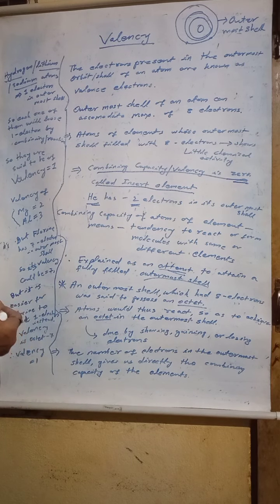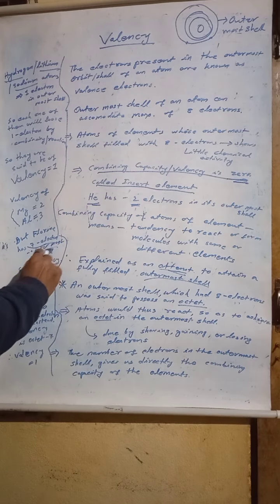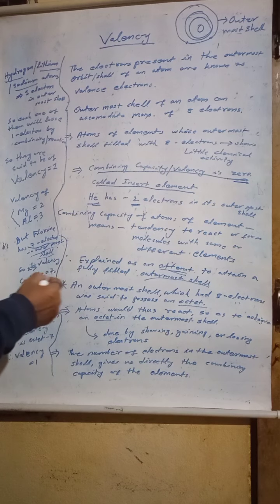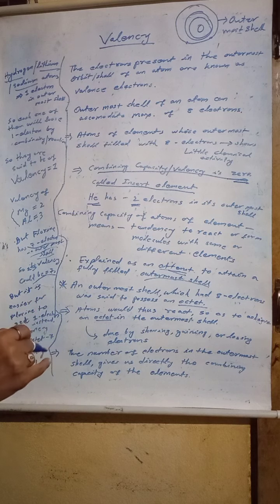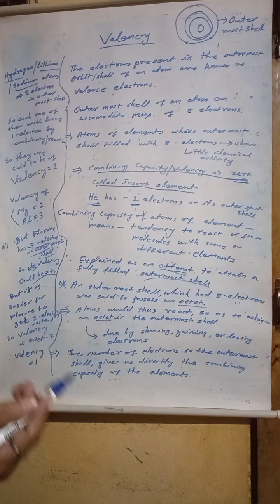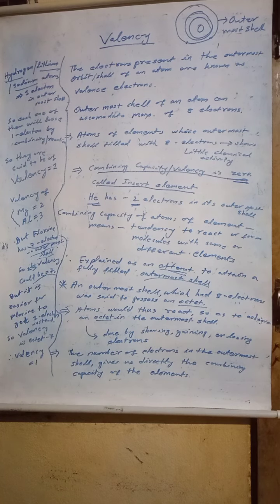Suppose fluorine has 7 electrons in its outermost shell. Its valency could be 7, but it is not, because while reacting with others, it is easier for fluorine to get 1 electron instead of giving or losing 7 electrons.